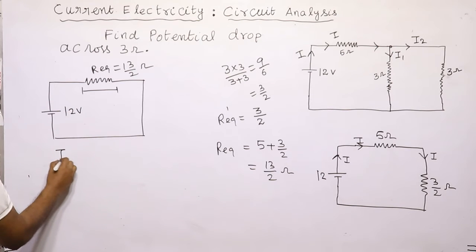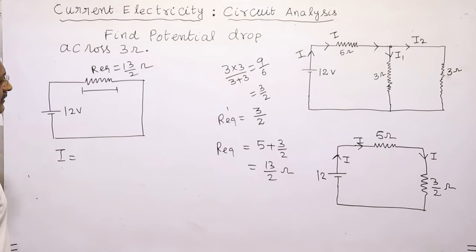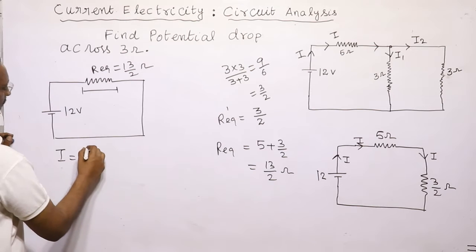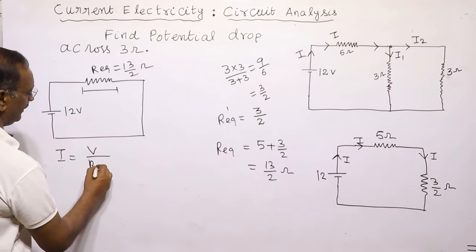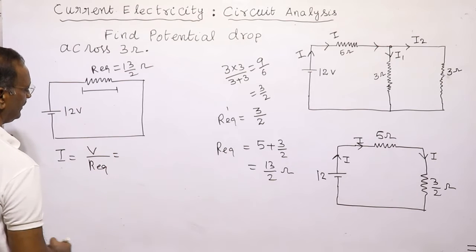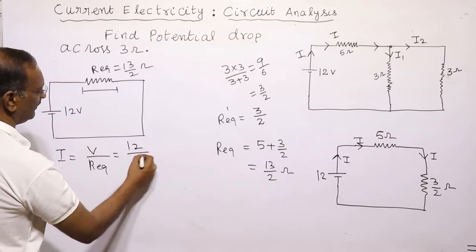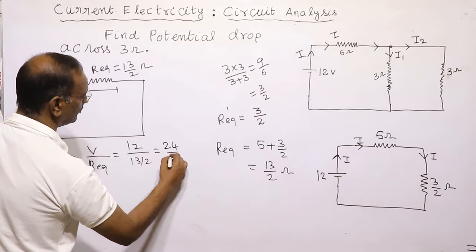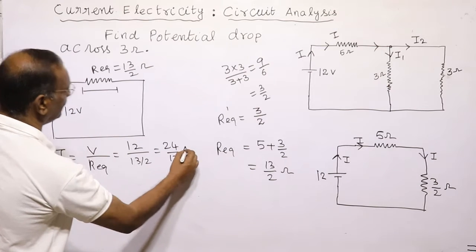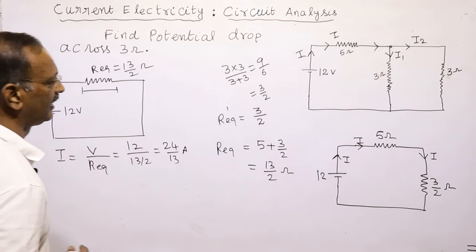So I is equal to the applied voltage divided by R, that is V by R, 12 divided by 13 by 2, which is 24 by 13. The current is in ampere. 24 by 13 is the current.